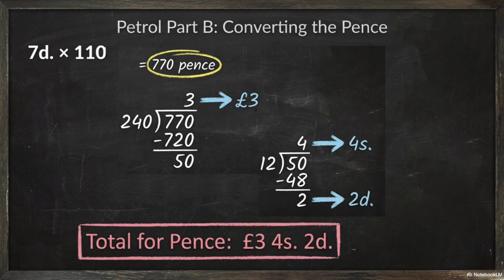Take 720 from the 770, which gives us a remainder of 50. To get the shillings out of 50 pence, divide by 12, which is 48, and that leaves you with a remainder of 2, so it's 4 shillings and 2. 110 times 7 pence is 3 pounds, 4 shillings and 2.